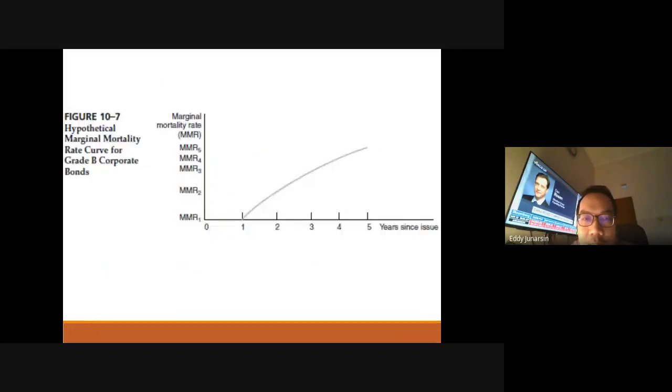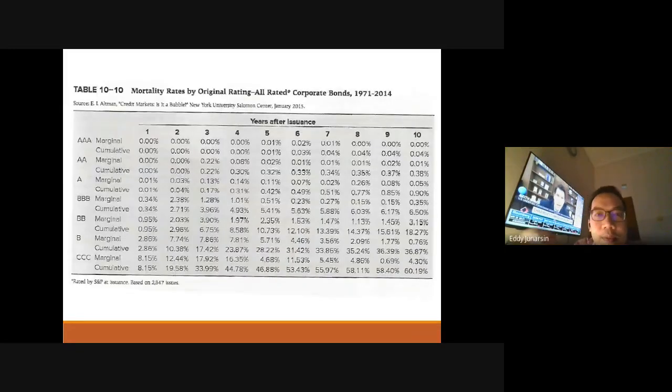So let's see an example here. This is quite interesting. If you're a AAA, and these are years after issuance, at the end of year 1 you see 0, quite strong and solid.